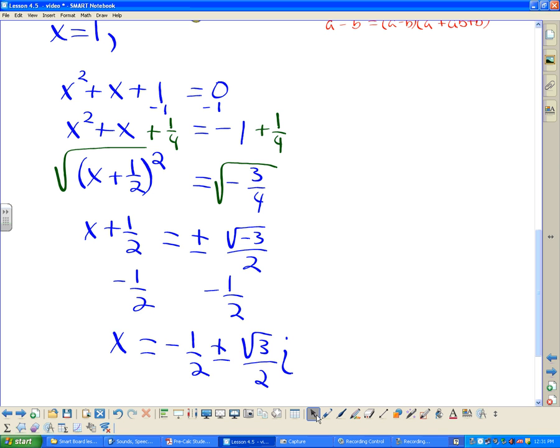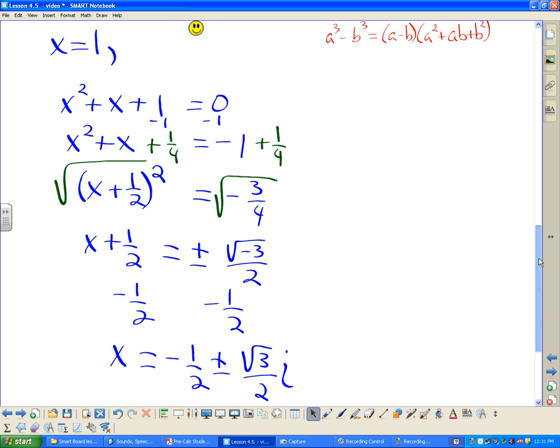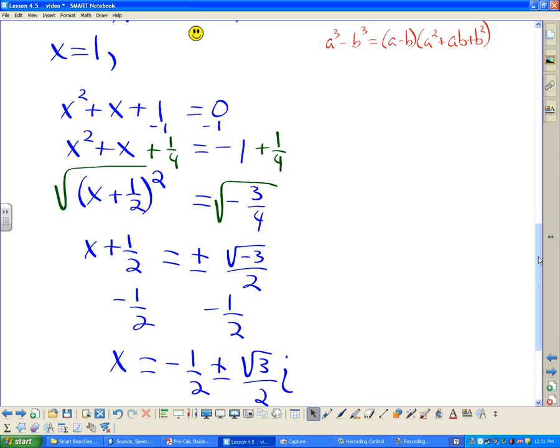So we have our solution then, as shown here: x equals 1 and negative 1/2 plus or minus the square root of 3 over 2 i.